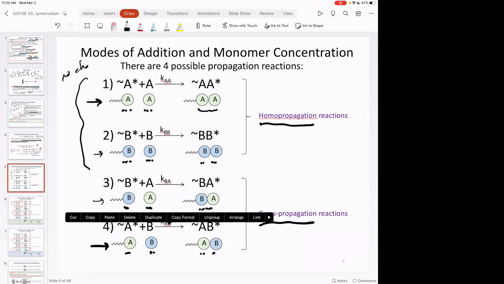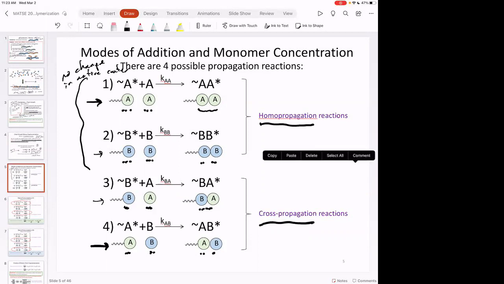No change in active center. Whereas in cross propagation or heteropropagation, you have a change in the active center. So a B active center, which is where the star is, changes to an A active center. And vice versa, the A active center changes to a B in heteropropagation.